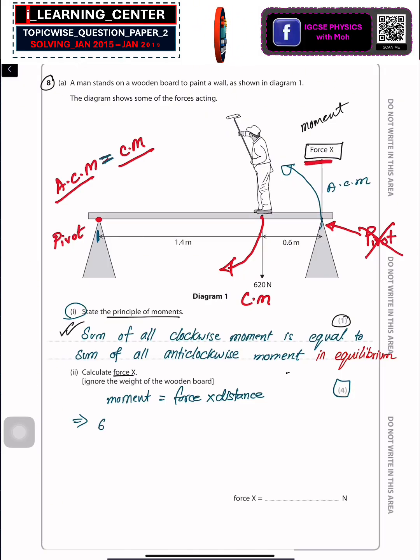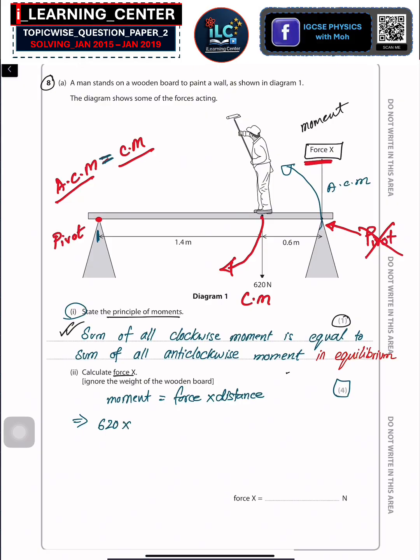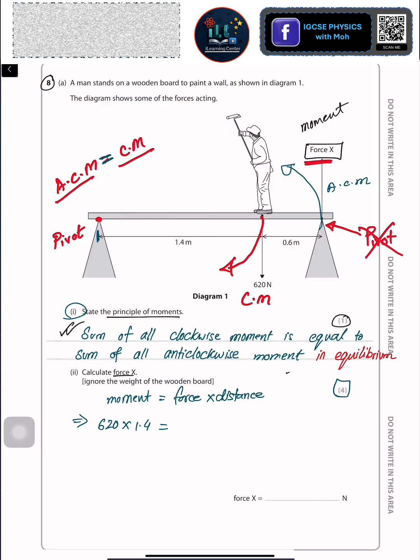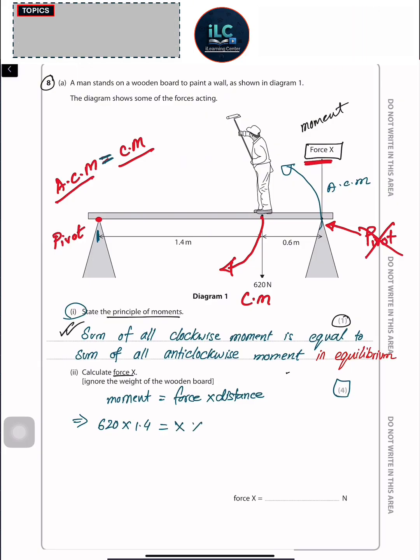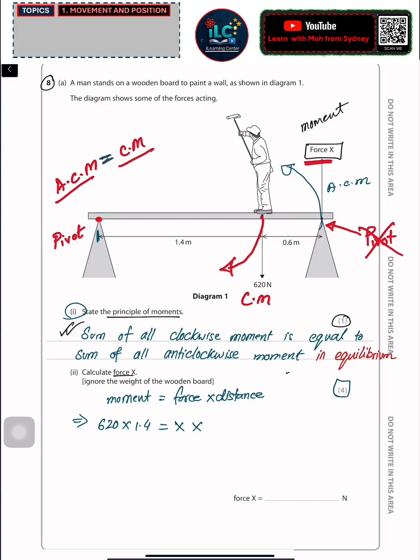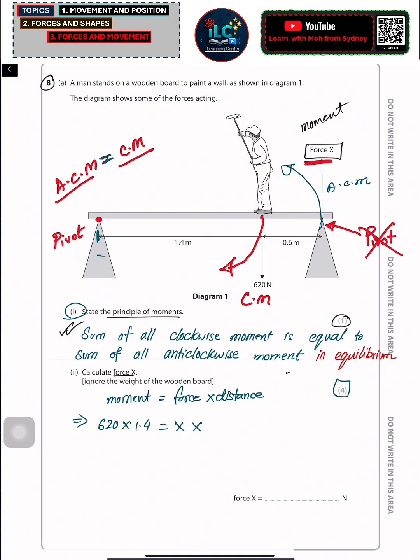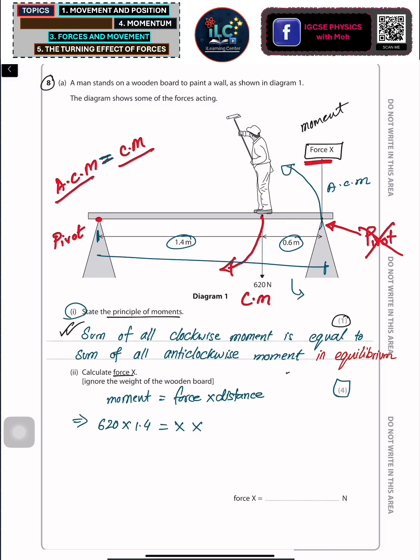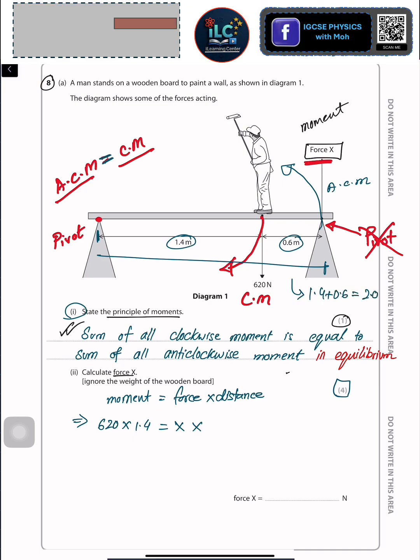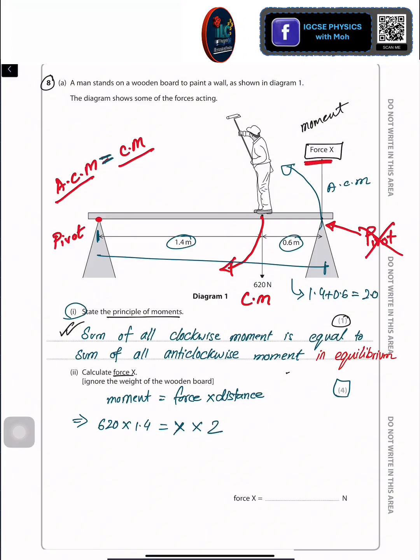The force is 620 newtons times 1.4, equal to another one here, which is force X times something. So what is this something? This something is basically this distance. So 1.4 plus 0.6 is the total, which is equal to 2.0, times 2.